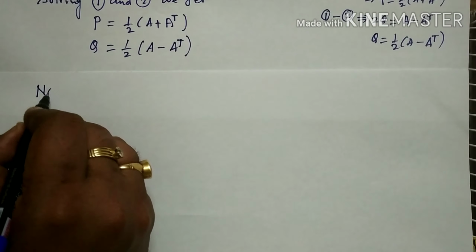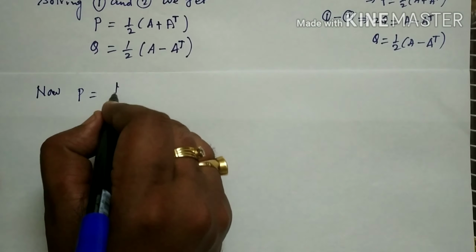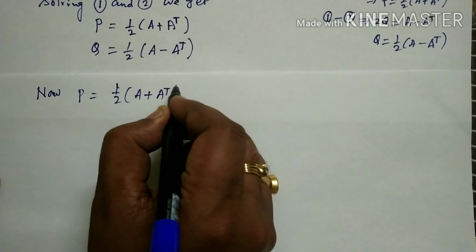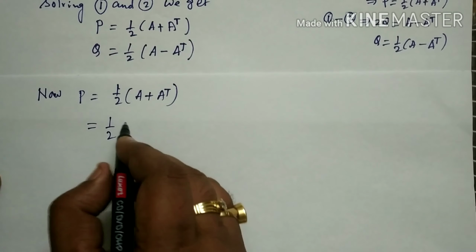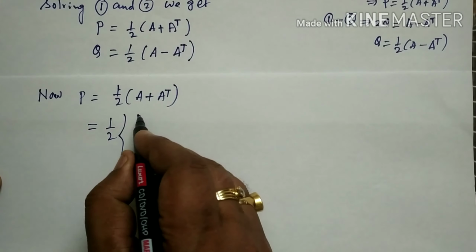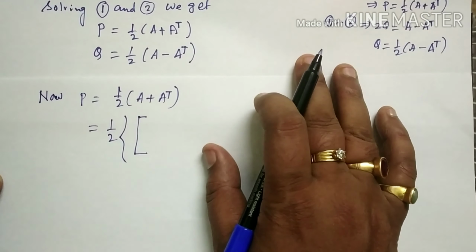Now P is equal to half (A plus A transpose) is equal to half, what is your A matrix?